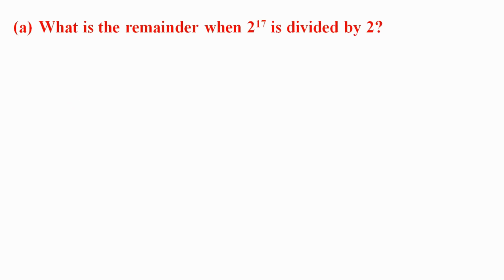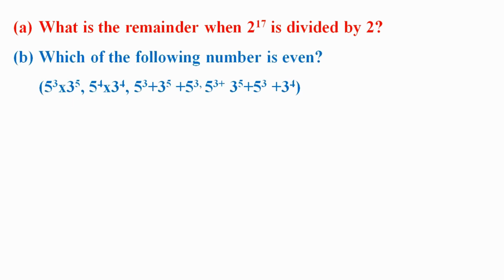What is the remainder when 2 raised to 17 is divided by 2? Which of the following numbers is even? 5 raised to 3 into 3 raised to 5, 5 raised to 4 into 3 raised to 4, 5 raised to 3 plus 3 raised to 5 plus 5 raised to 3, 5 raised to 3 plus 3 raised to 5 plus 5 raised to 3 plus 3 raised to 4.